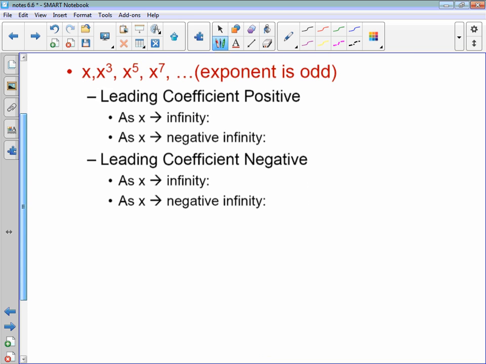Did you learn this as touchdowns and disco or anything like that? No, like both up or negative both down, and then the disco.